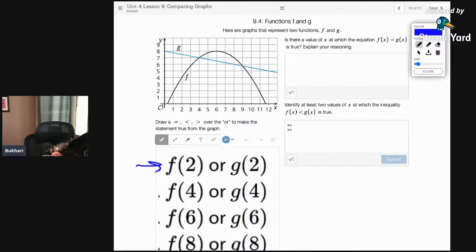At f of 2, so I'm looking at 2 here, when my x-axis equals 2, my input value, what are my outputs? At f of 2, this is 4. At g of 2, this is around 7.5. And so I know that this is bigger, so this should be my relationship.